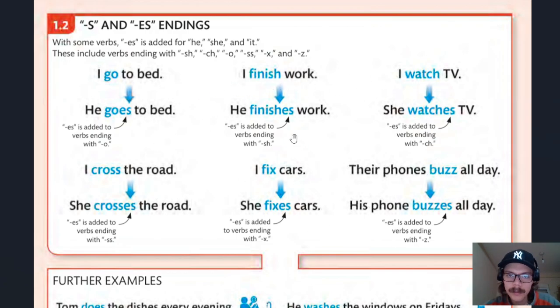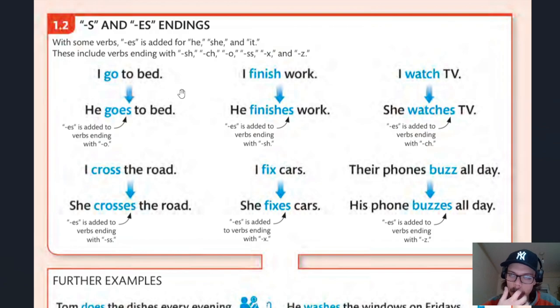And the exception depends on the letters in which the verb ends. So if your base verb ends in one of these letters or combinations of letters, then instead of adding s, right, when you're using third person singular, you're going to add es. Okay.